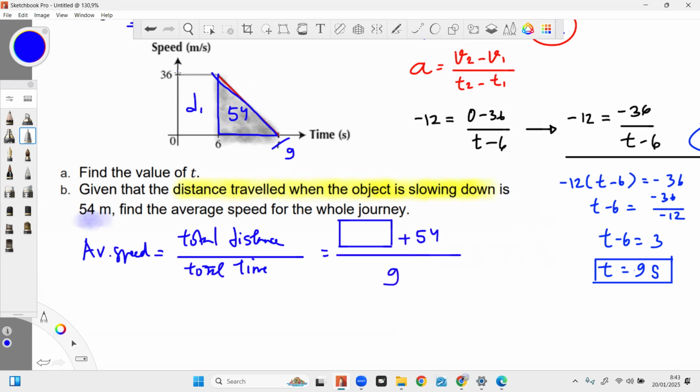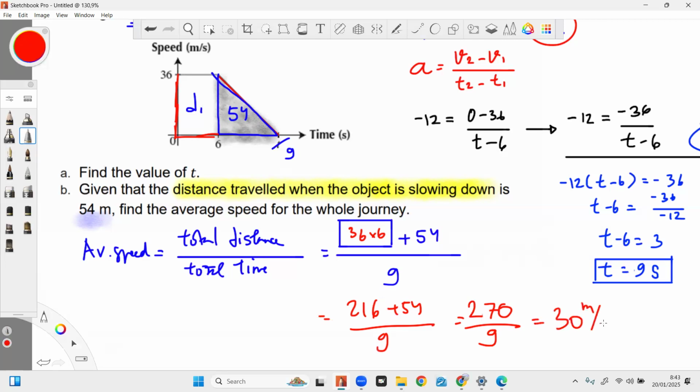Total distance here is 36 times 6, very simple, because area of rectangle is 36 times 6. 216 plus 54 is 270, over 9. So 30 meters per second.